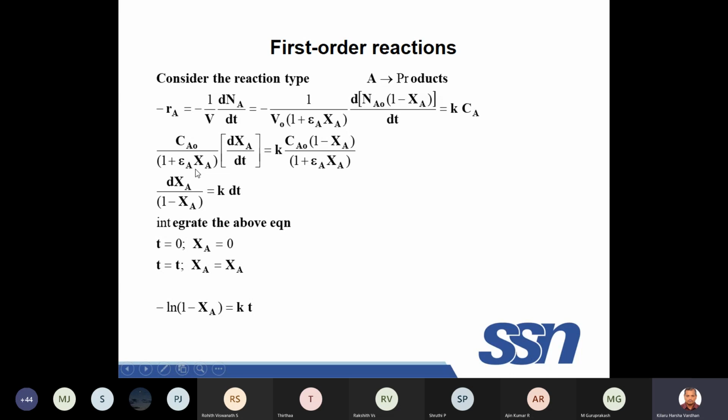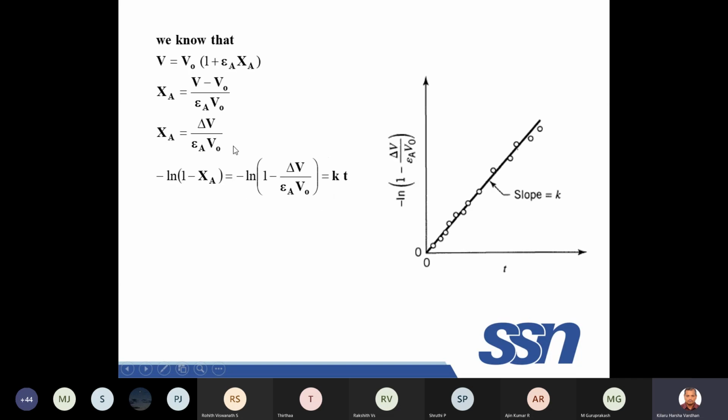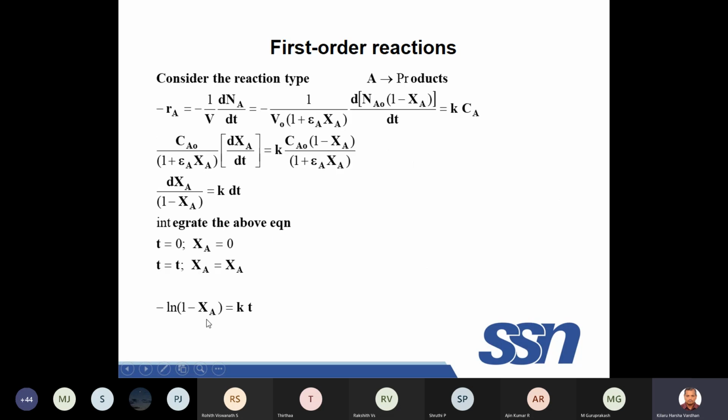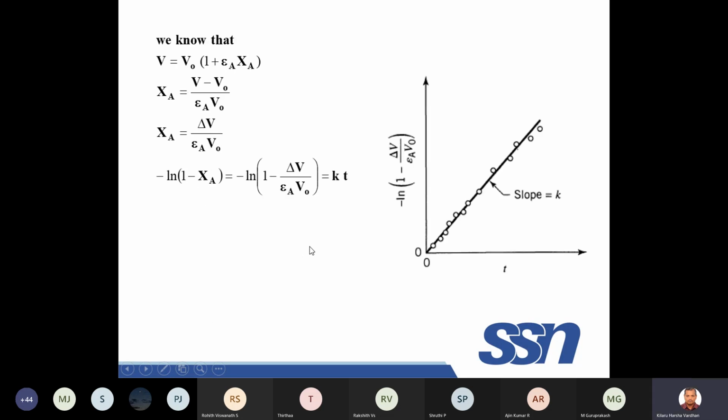If you do that, minus ln 1 minus XA is kt, which is for irreversible reactions with no expansion factor. When there is a variable volume, you are left with this particular equation. So an extra term, epsilon A, will come into the picture. That is what you try to do, right?